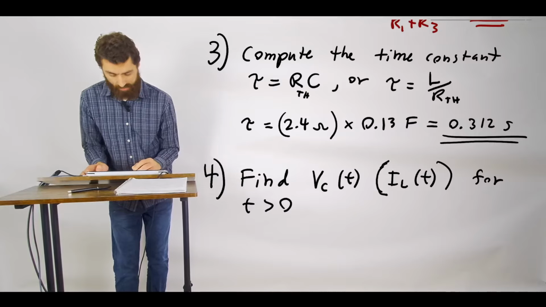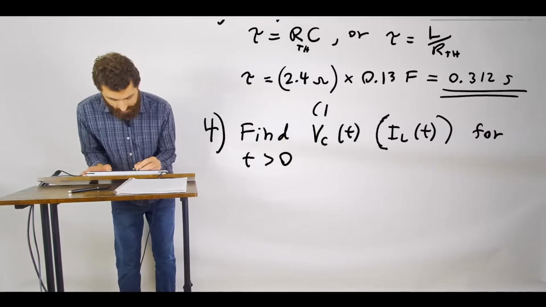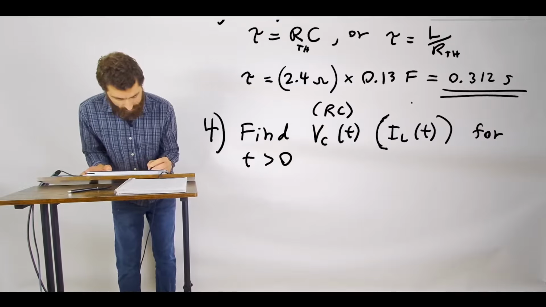So if you're dealing with an RC circuit, you want VC of t. If an RL circuit, you want IL of t. So this would be for RC, and this would be for RL.